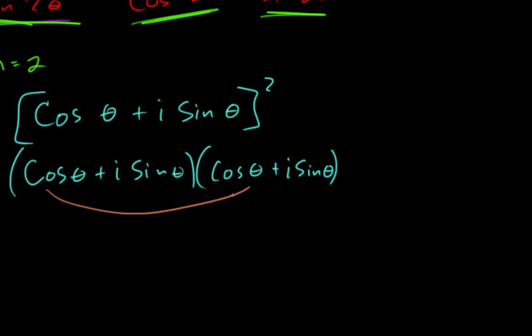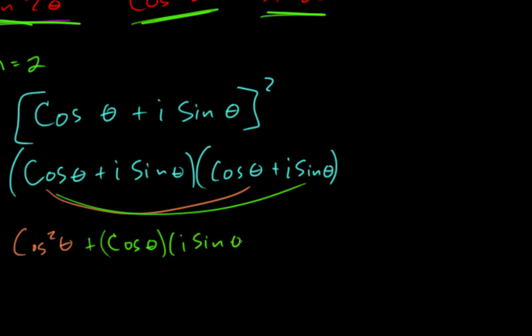And if we multiply those, we get cosine squared theta. Multiply these, we get plus cosine theta i sine theta. And then we get plus cosine theta i sine theta, so the same thing.